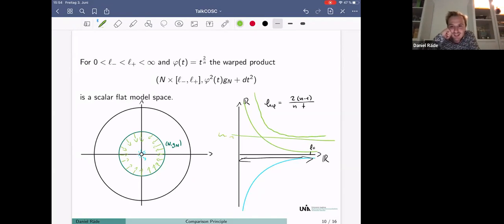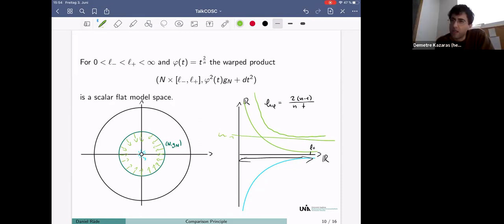I'm not saying they always appear as annuli in some space form. I'm just saying you take a flat manifold and warp appropriately, basically. Okay, so like a 2-torus warped like this, and then that will be some scalar flat non-compact thing.